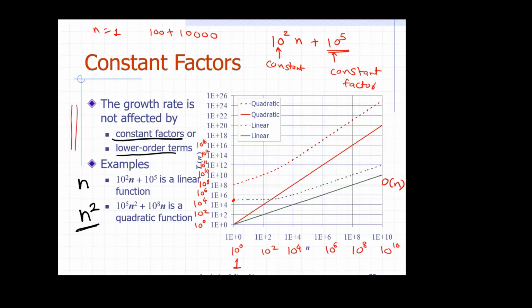So what happens when n becomes 100? When n becomes 100, my first term is 100 multiplied by 100, something again in terms of 10 raised to 5, plus 10 raised to 5. So you will see that for n is equal to 1, there was a huge difference between this input and this input because of the constant terms.